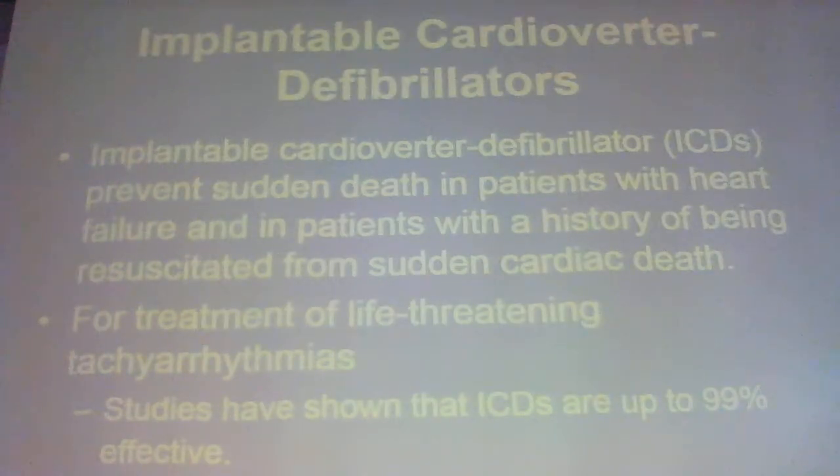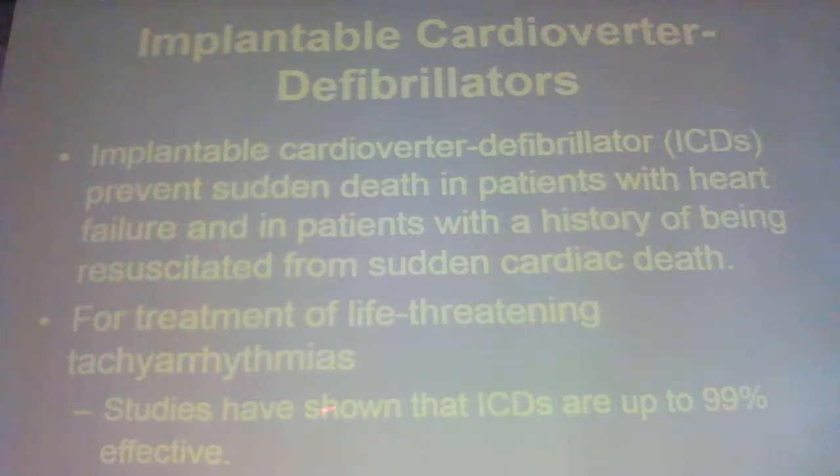All right. AICDs. These are cardioverter defibrillators, and these are put into people who have sudden death syndrome, so like VTACs, torsades, those kinds of things. The long QT interval that's led to torsades or whatever, they put these in.